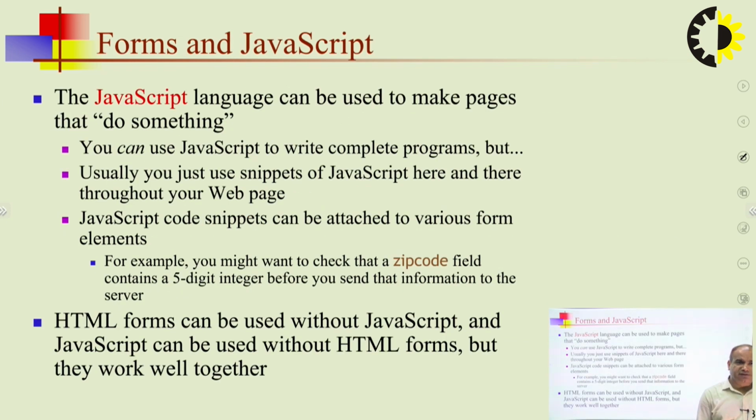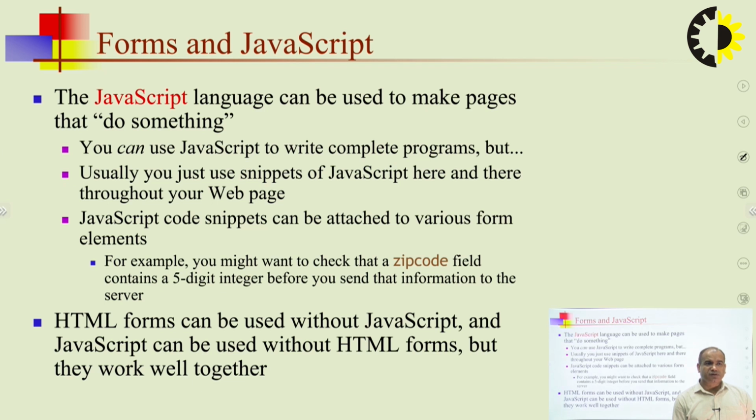JavaScript is basically a language that can be used to make a web page do something. We can use JavaScript to write a complete program, but usually we use a snippet of JavaScript here and there throughout the web page.